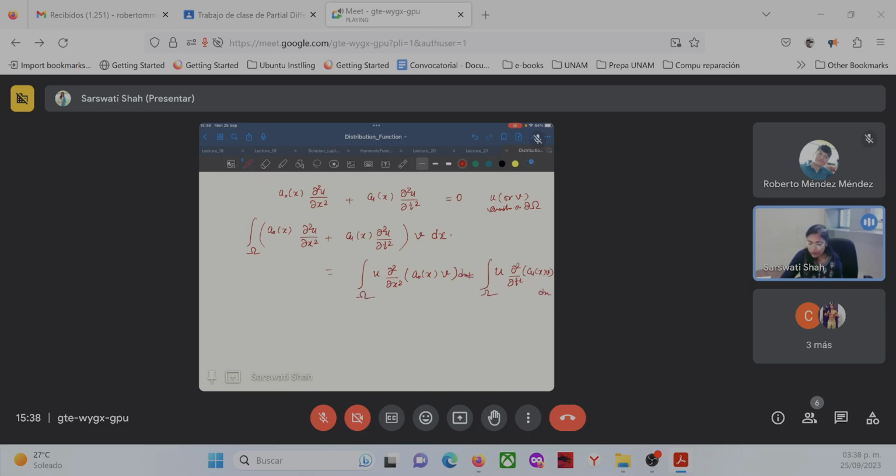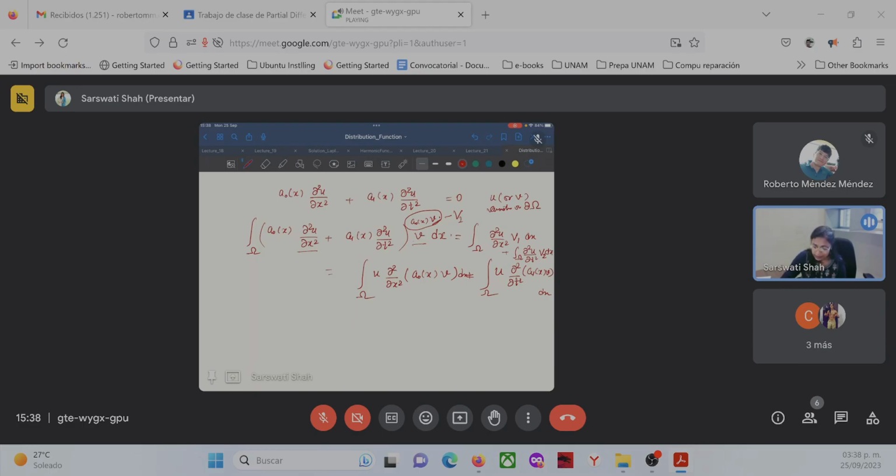Why is it coming? Because we are taking the integration of the product of two functions, del 2 u over del x square and v. Now this a naught x is combined with this v, making it a single function. Suppose this is v1, so I am writing integration over omega of del 2 u over del x square times v1 dx, plus integration over omega of del 2 u over del t square times v2 dx.